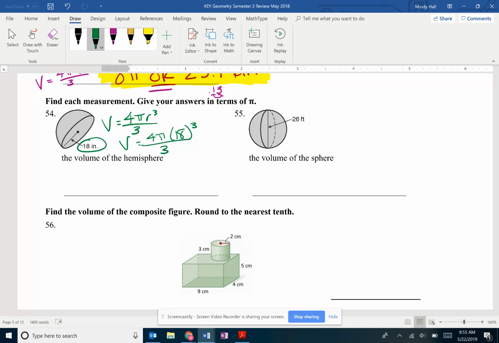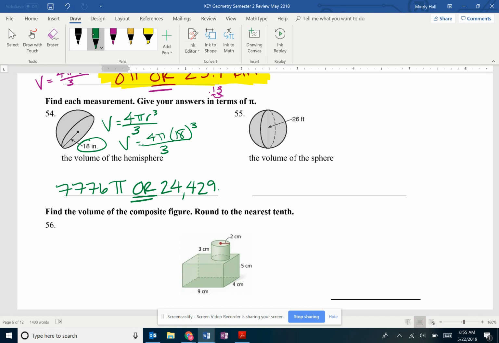So 18 cubed times 4 divided by 3 gives us our answer in terms of pi, which is 7,776 pi. Or if we multiply by pi, that gives us 24,429. Oh, wait. I just realized we didn't even have to do this. Look at me not reading directions.